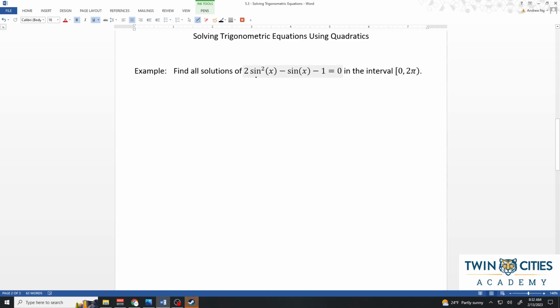Now, you could factor this as it is. What might be helpful is to try and make this look a little bit easier. What I mean by that is, instead of sine squared of x and sine of x here, let's say let u equal sine of x.